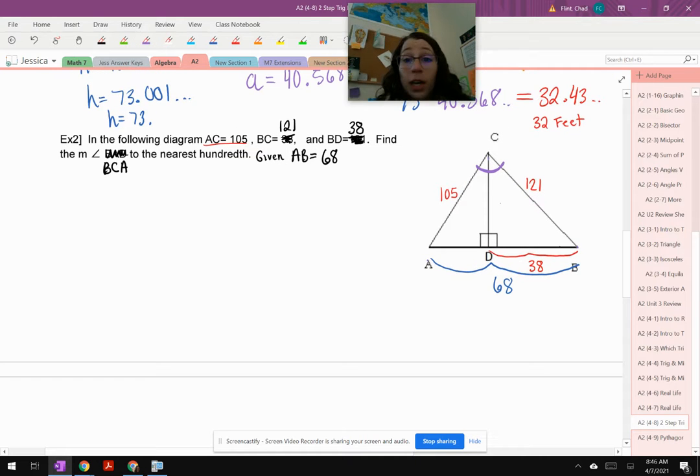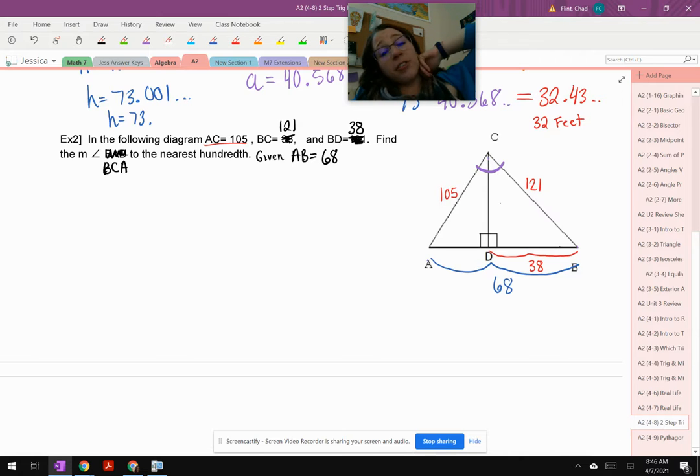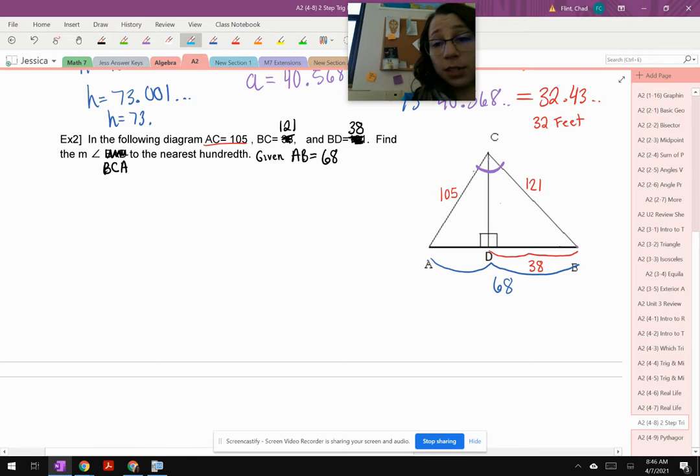Okay, so just like in our previous problem, like we said in our intro, we're going to have to be doing two trig ratios. There's two steps, and then we're going to have to either add or subtract them. So notice how I'm looking for this purple angle. Notice how it's got two angles within it. There's two pieces within it. This smaller light blue angle over here, and then the other orange angle.